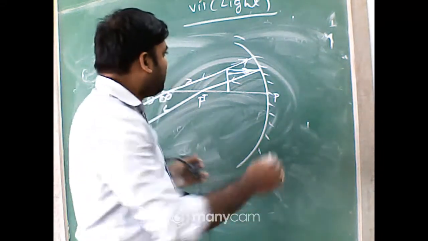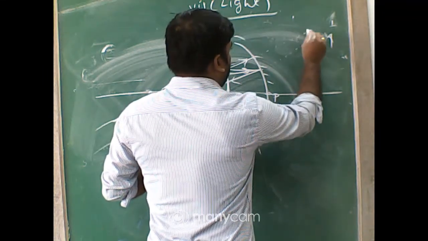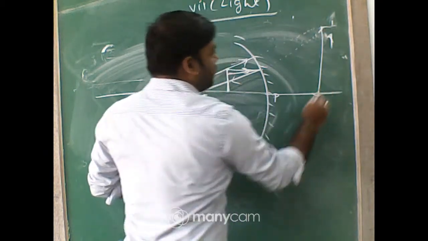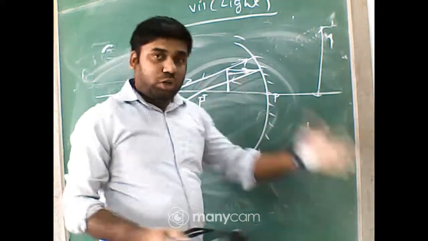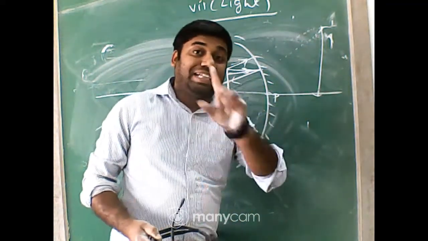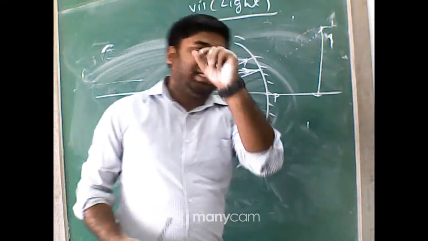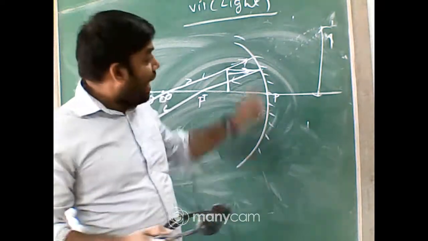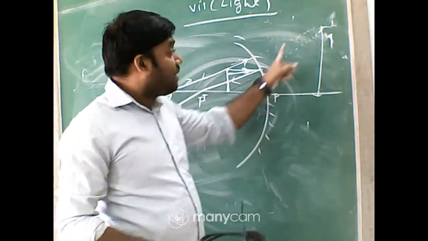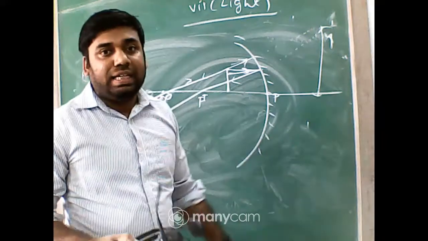Yes, the image will form if we just extend them. So you will get the image here. It is not possible for the rays to move along this direction, but it seems that if I produce these rays along this direction, they can intersect, and where they intersect, the image is formed. So it appears that if extended here they will intersect. In that case, a virtual image is formed.